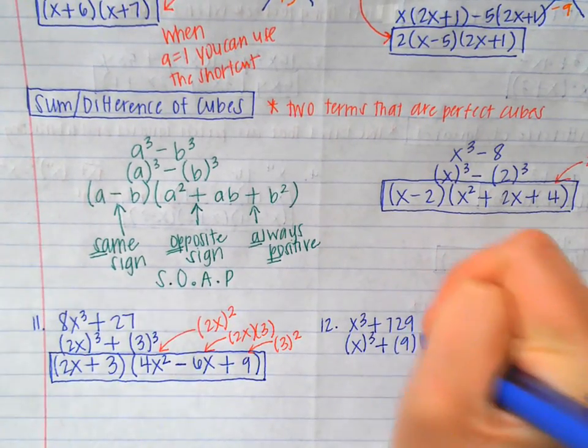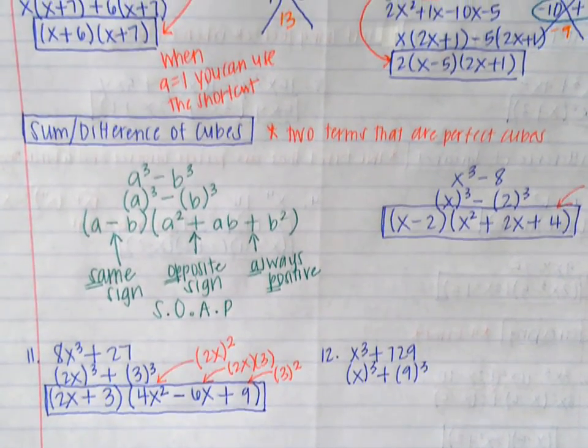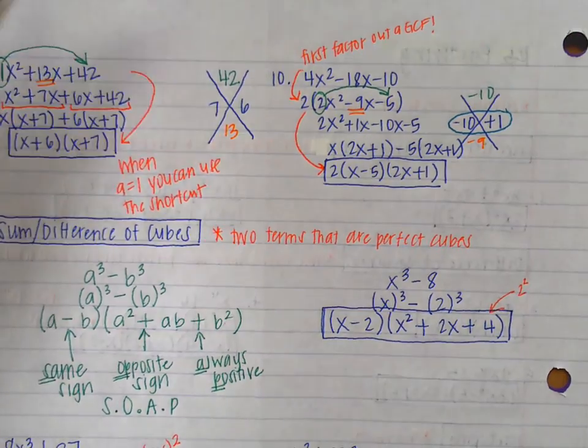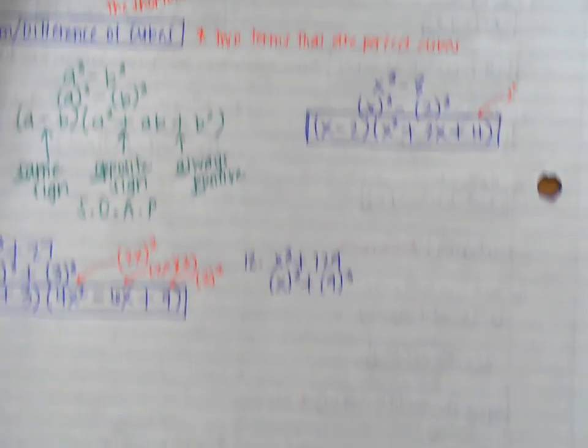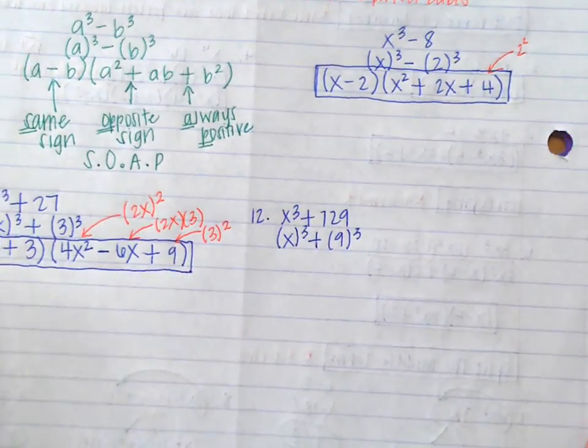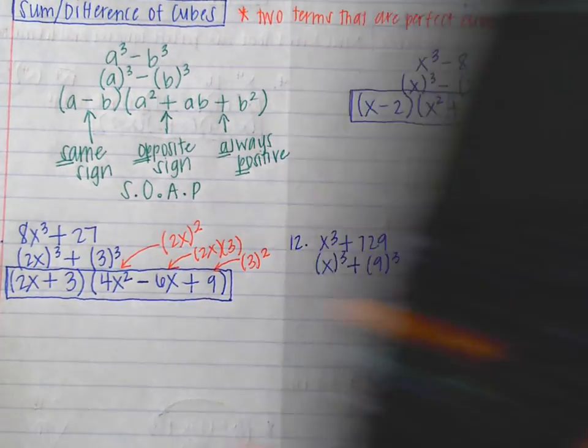Now, if you don't know that off the top of your head, you can always go into your calculator. Oops, we're losing the picture. I should move my document camera. Okay, there we go. So we can use our calculator.